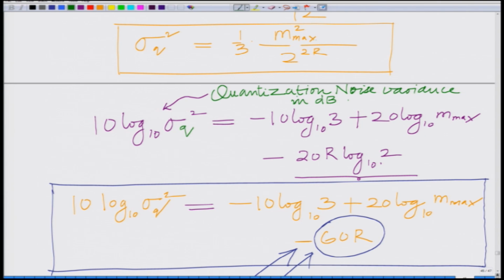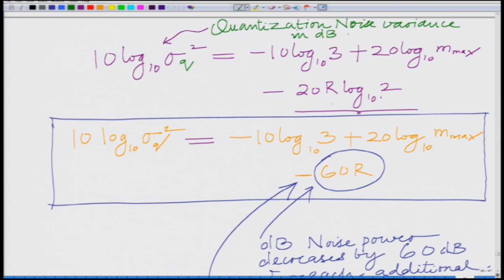When you take the log of the factor 2 to the power of 2 r in the denominator, it becomes 2 to the power of minus 2 r. So, that gives us minus 20 r log 2 to the base 10.